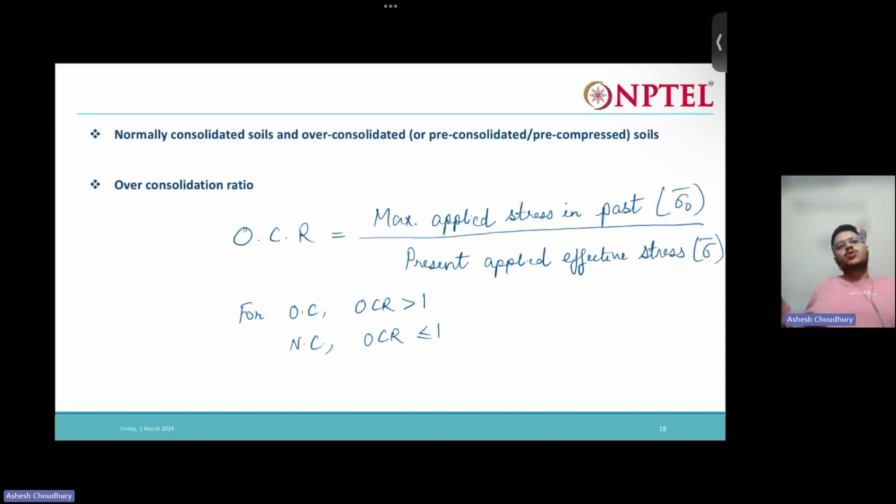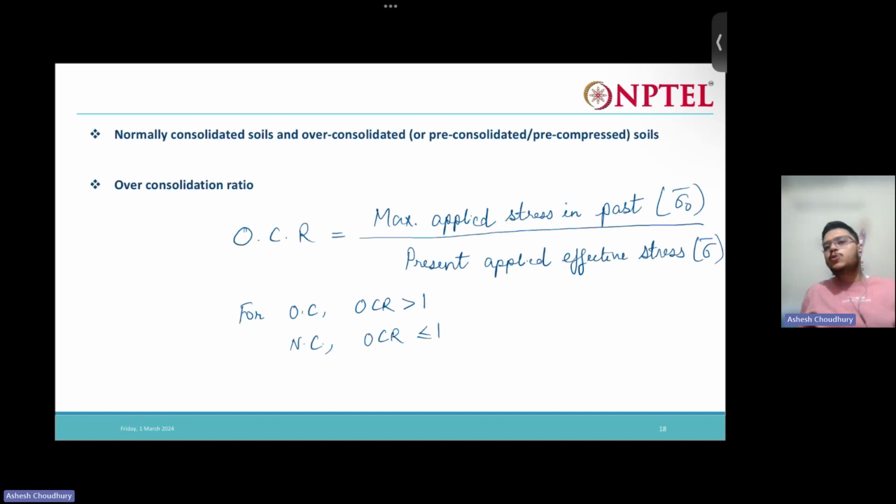You apply first a 5 kg load, then 10 kg, then 20 kg, like this up to 100 kg load. That 100 kg load is the maximum amount of load that soil has encountered in its history, right? So in that state, the soil is normally consolidated.